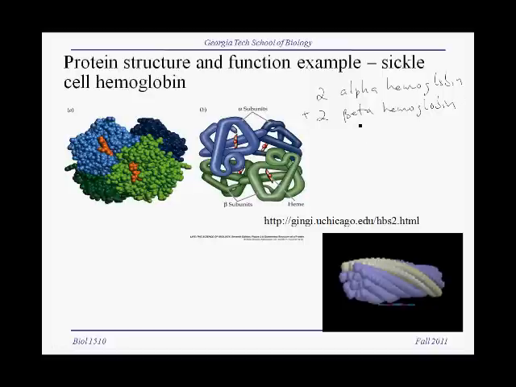So normal hemoglobin has these tetrapeptide structures along with a heme group that binds oxygen, and our red blood cells are filled with these tetramers. But in sickle cell disease, what happens under certain conditions is that the hemoglobin tetramers stack and form fibers.